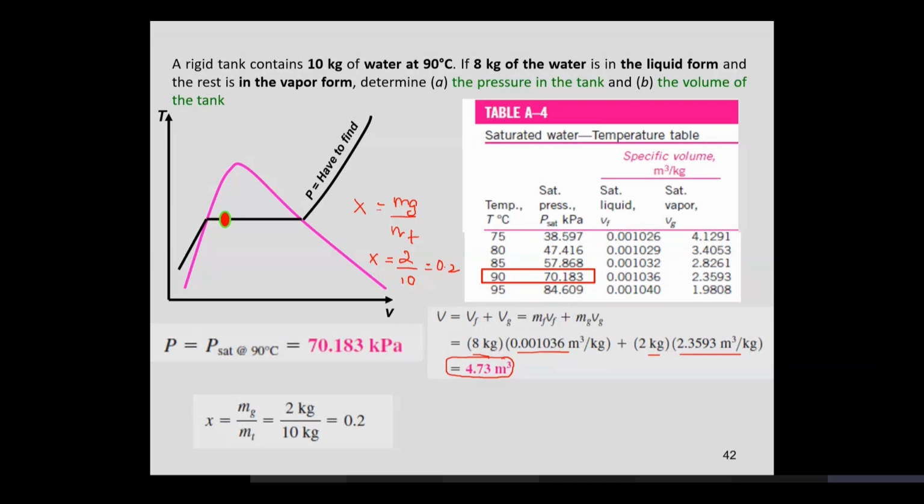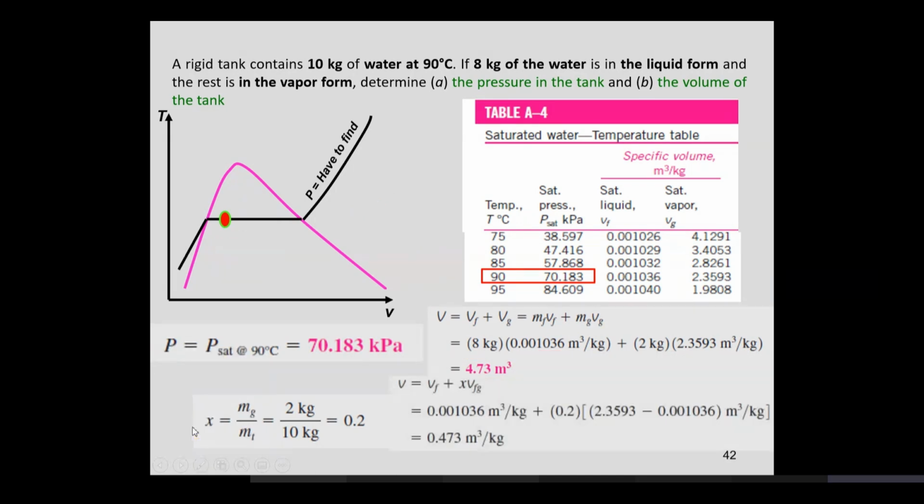The next thing is you find out the specific volume of the mixture. Mixture would have a specific volume. So what is the specific volume of the mixture? It is V average. And the relationship for V average we have already deduced is nothing but specific volume of liquid plus X multiplied by VFG, which is the difference between the specific volume of vapor and liquid.